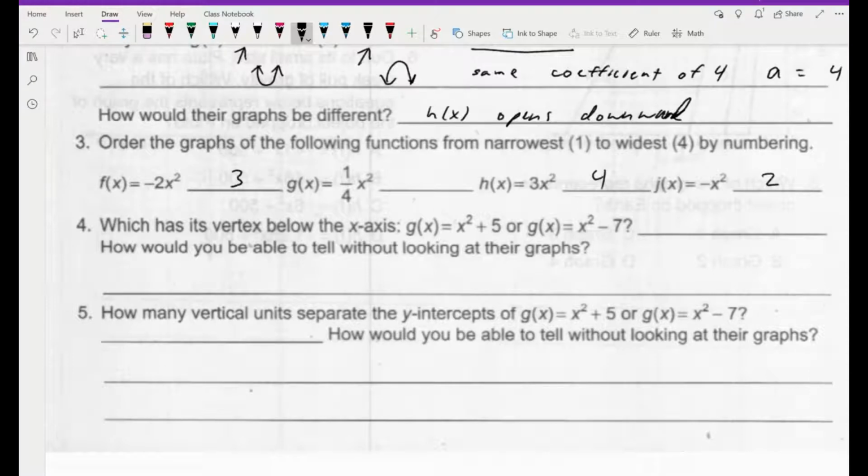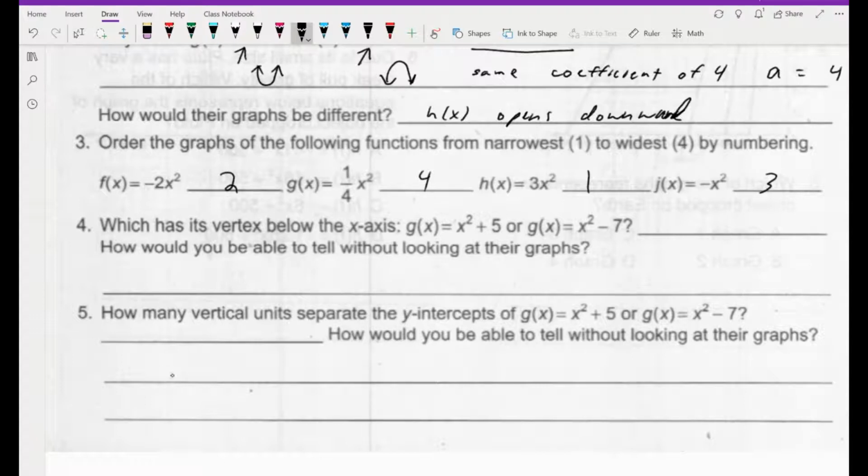Oh, I'm sorry, I apologize, the narrowest was number 1. So we'll start with the narrowest, which is the biggest number of 3. And then 2. And then 1. Again, we ignore the negative sign. And the widest one would be the last one, which is 1/4 x squared.